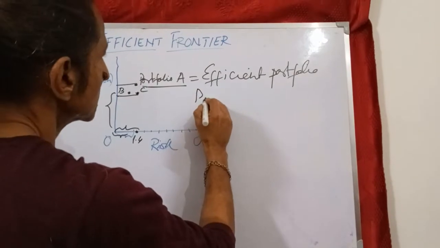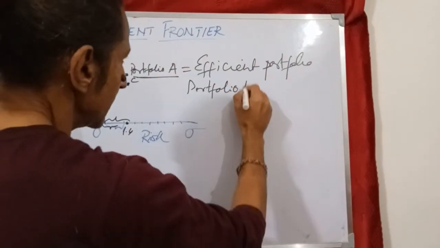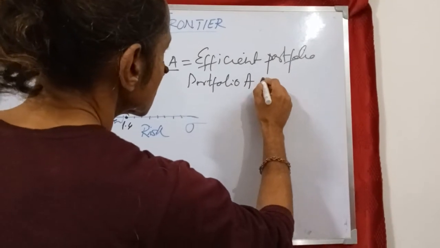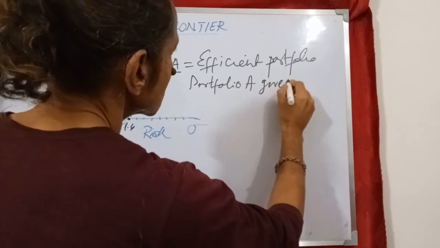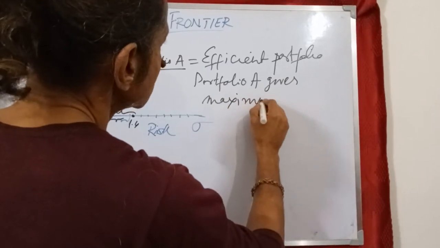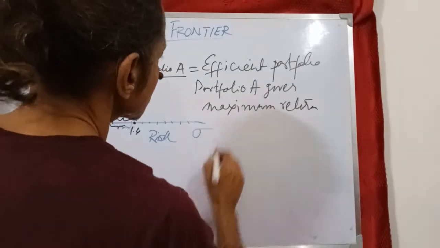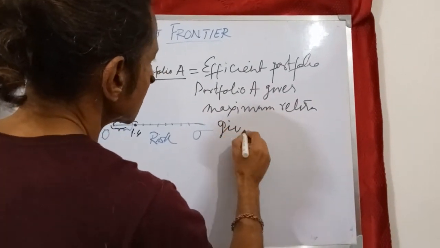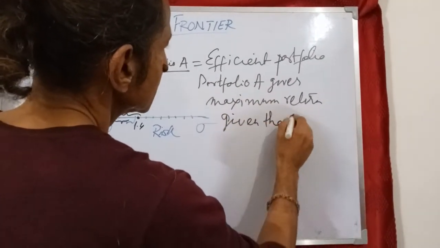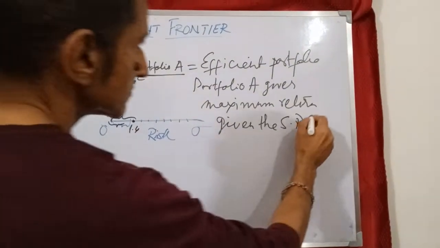Because portfolio A gives maximum return given the SD 1.4.